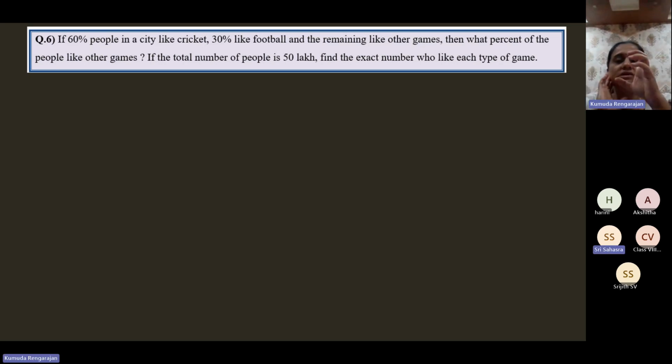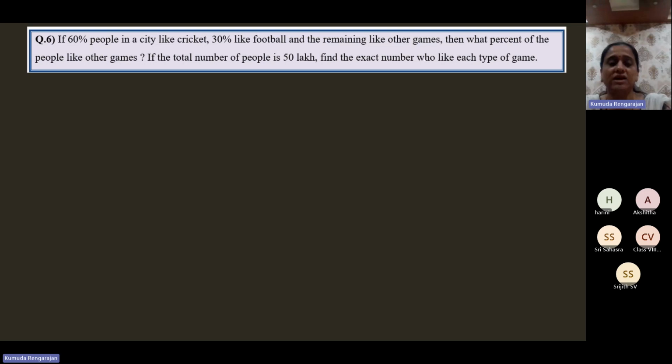So here the whole thing is divided into 3 parts. 60%, 30% and 10%. So 60% like cricket, 30% like football. So 60 plus 30 is 90. So 100 minus 90, 10% of the people like other games.